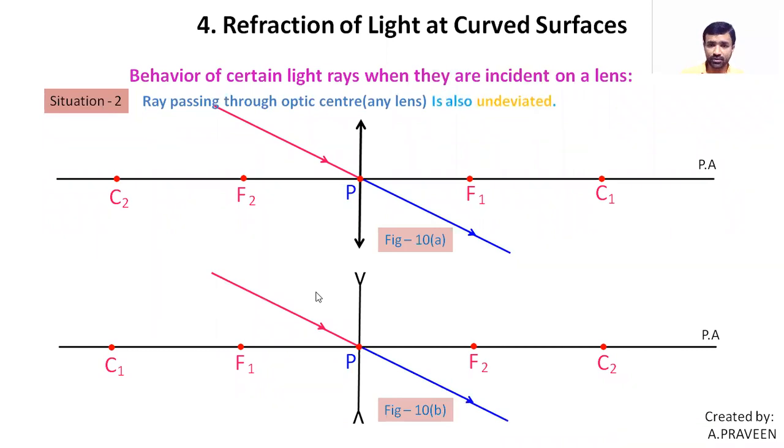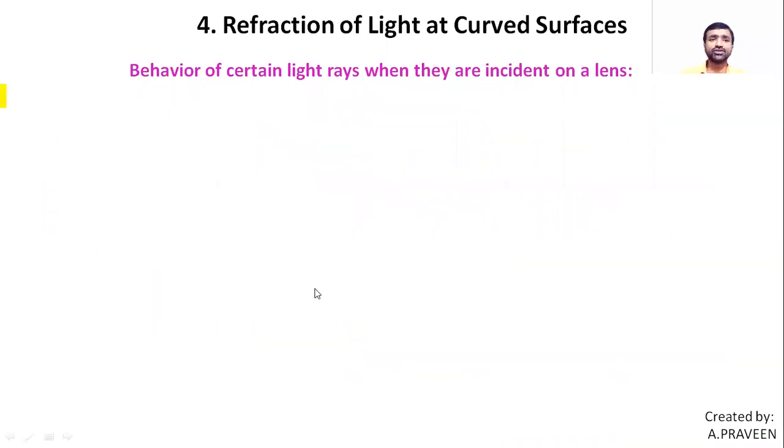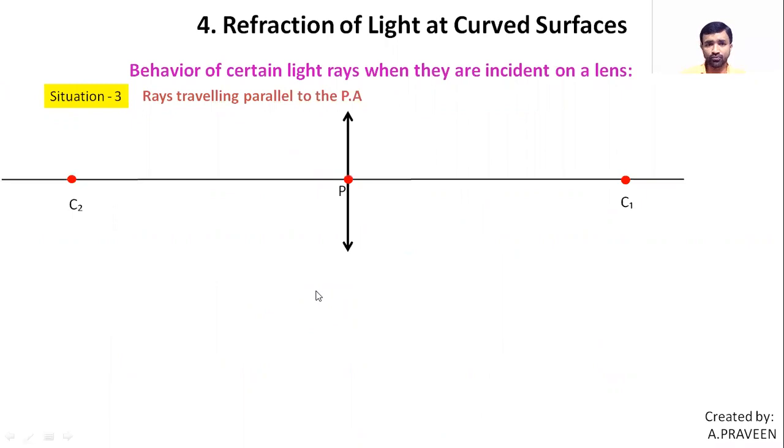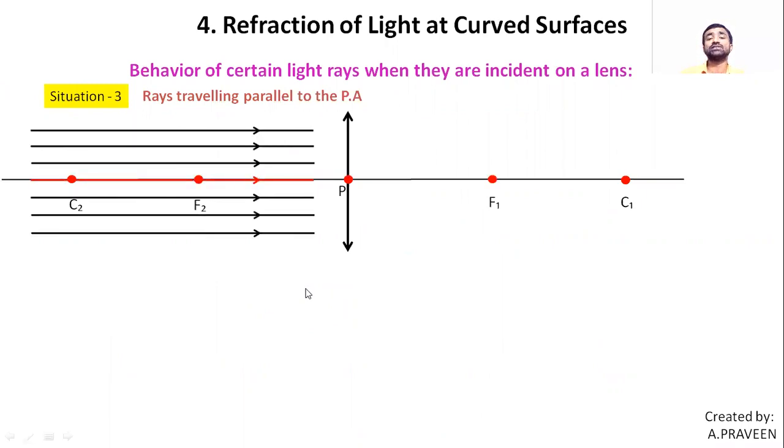See there, right? Then the next is situation 3, a ray traveling parallel to the principal axis of any lens. Here the center of curvature is identified, and then you need the focal points. Everything is identified. Here the rays are parallel to the principal axis, and I also used along the principal axis; along the principal axis remains undeviated.